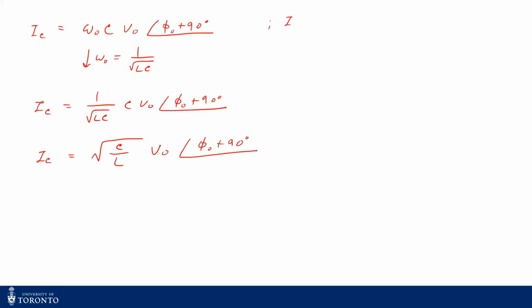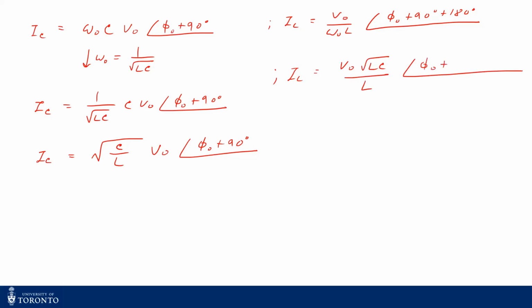Now for IL, we got V naught by omega naught L. The angle is phi naught plus 90 degrees plus 180 degrees, right? So similarly, if we put omega naught here, we see that we get a magnitude or amplitude of V naught root LC by L, right?